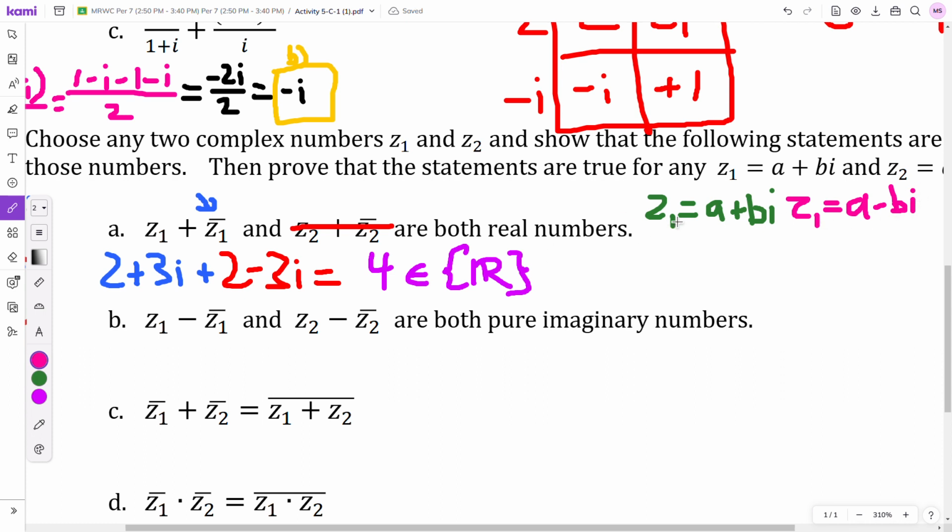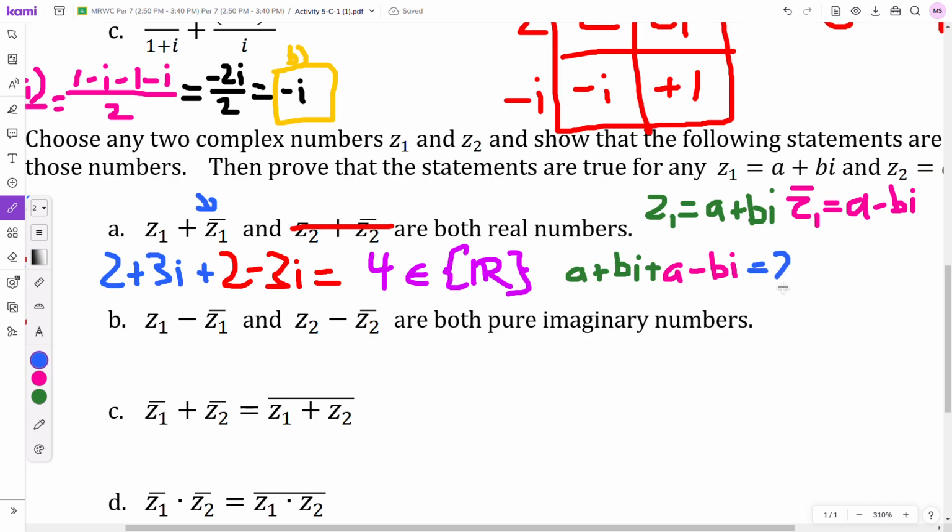And if I add these two together, I get a plus bi plus, oh, I forgot to put the line over it, thank you, a minus bi. And what do they add up to?